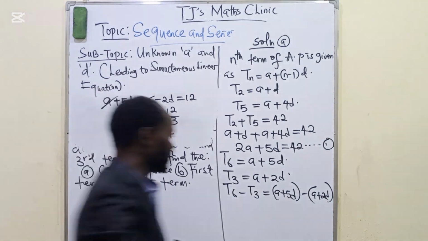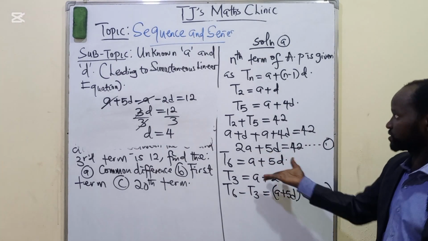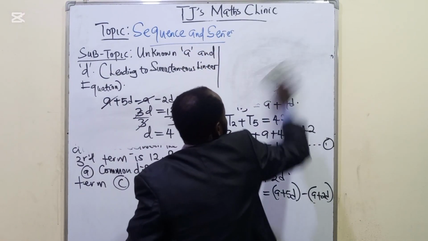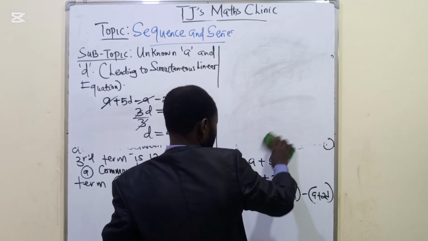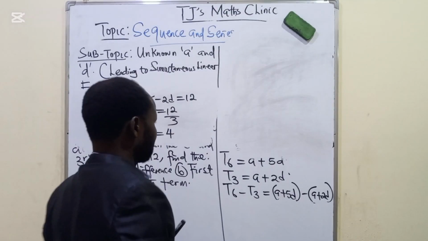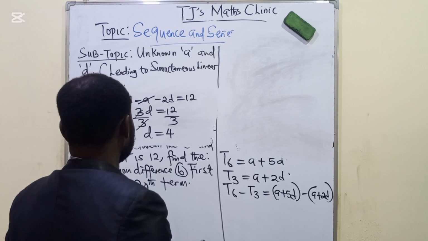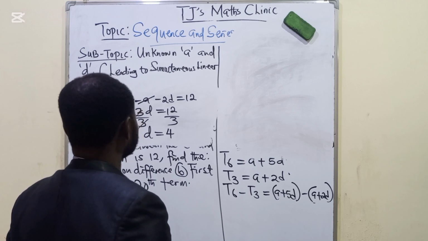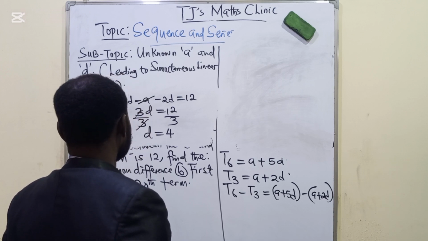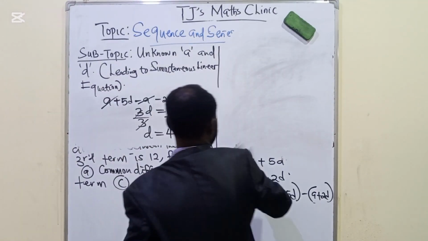The B part, we are asked to find the first term. We can use equation 1 to find the first term. Our equation 1 is from the sum of the fifth term and the second term.